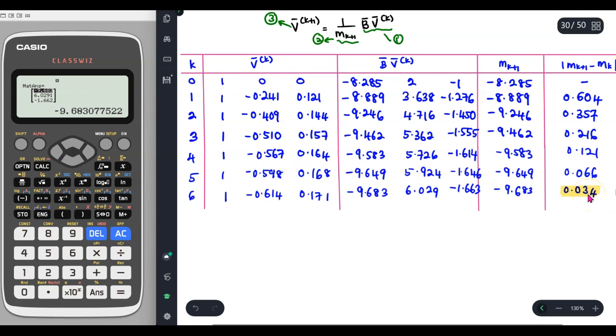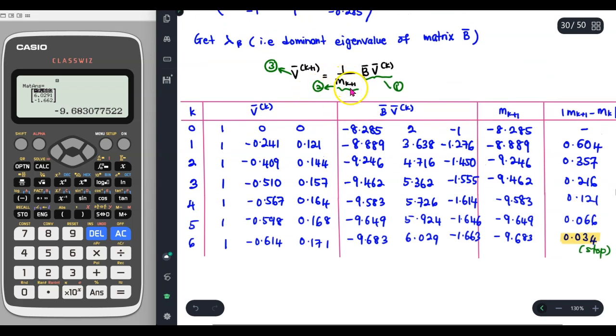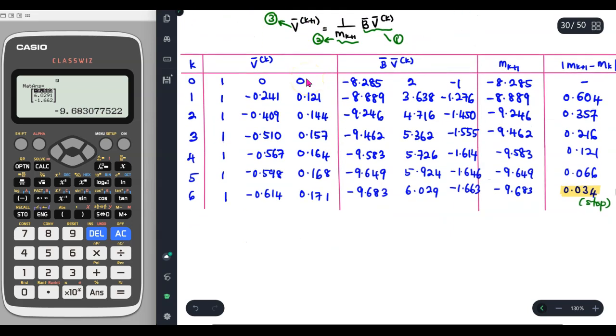So you know that you can stop here, but be careful. This is not complete yet, because up to this column you are actually at this stage, the second step in your computation of our method here. So you need to complete your computation. So you get your VK plus 1. So your table should be, up to this row, k equals 7.